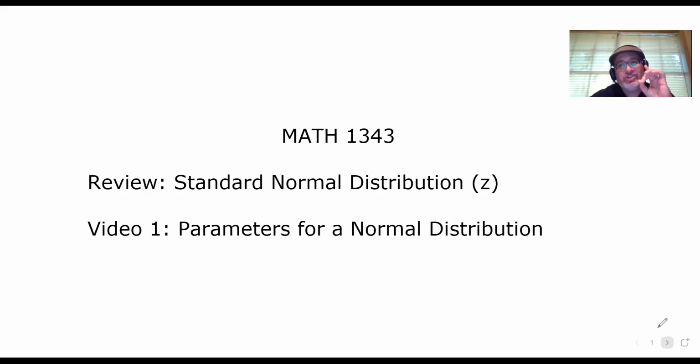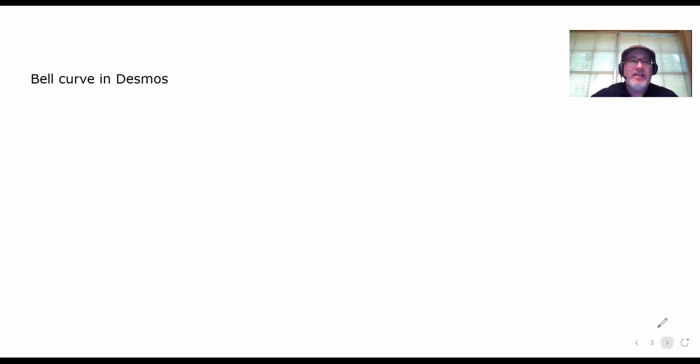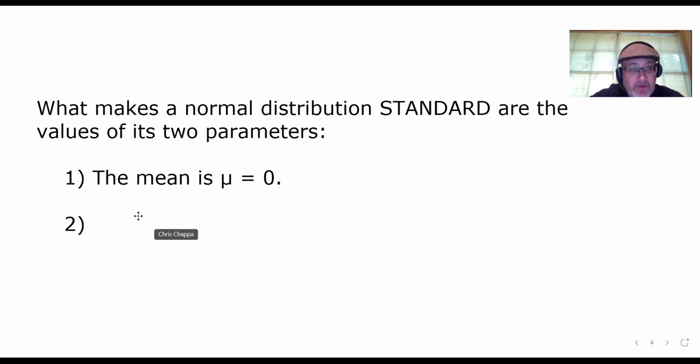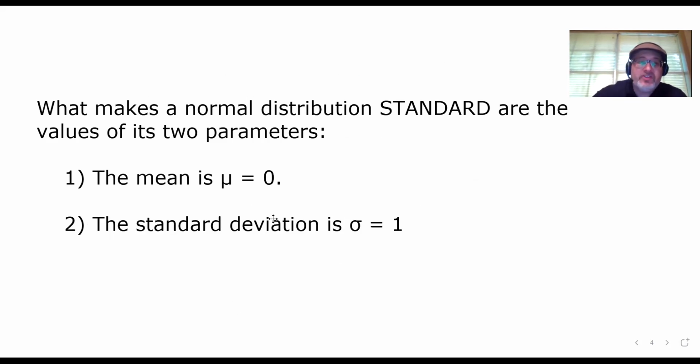But if you see the word standard in front of it, standard normal distribution, then that has some very specific parameters, the parameters being the mean and the standard deviation. So what makes a normal distribution standard? Number 1, the mean is mu equals 0. And number 2, the standard deviation is sigma equals 1.